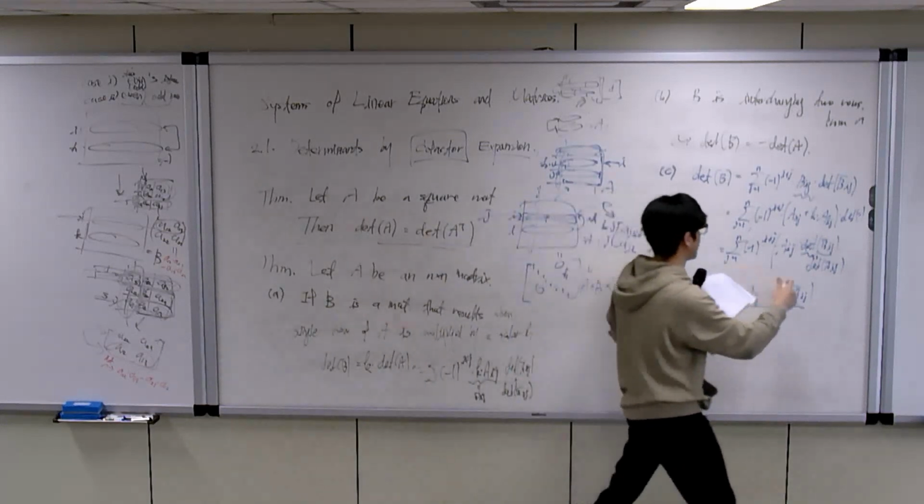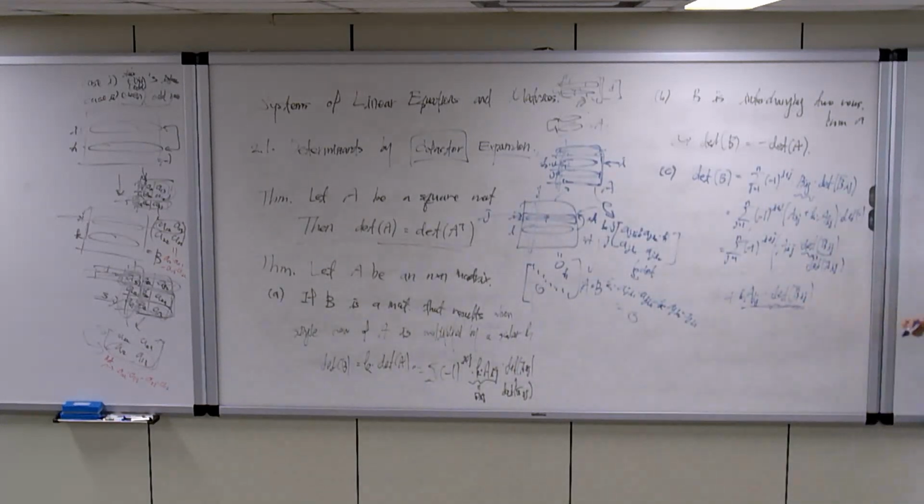So the minor matrix, if you calculate it inductively down to a 2 by 2 matrix, then we get the solution that the determinant is 0.